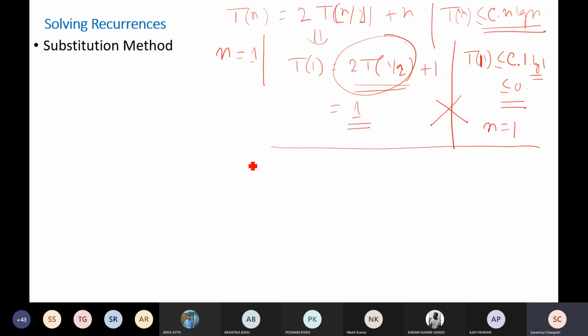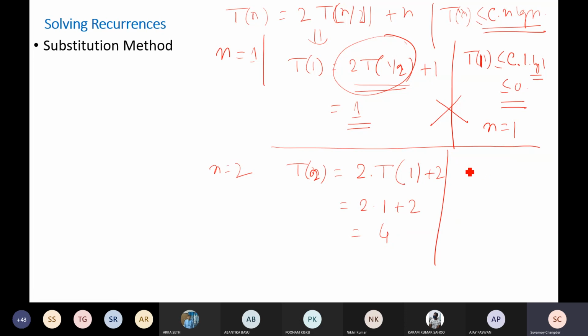Now consider n equals 2. Here we will get T(2) equals 2T(n by 2), which is T(1), plus 2. From here we have this one is 1 and this is 2, so we got 4.